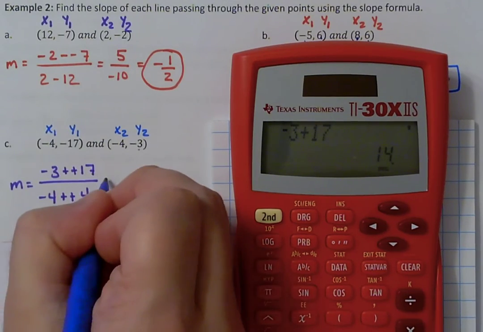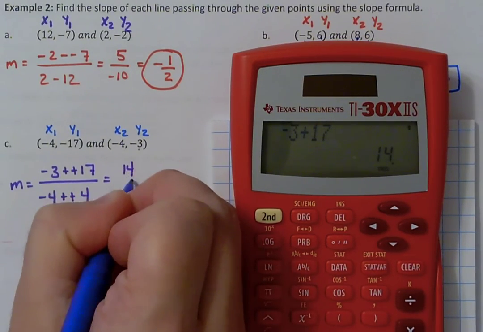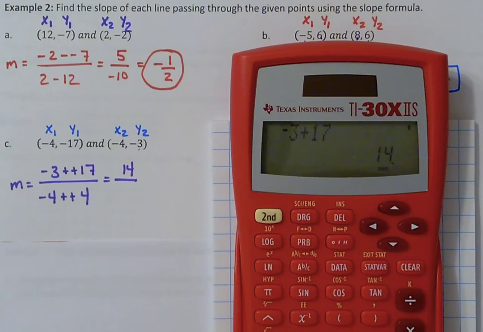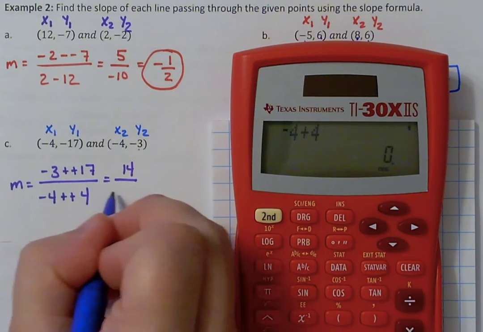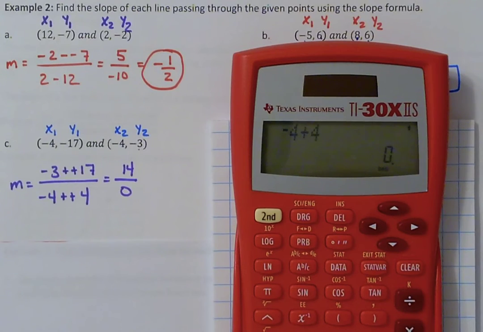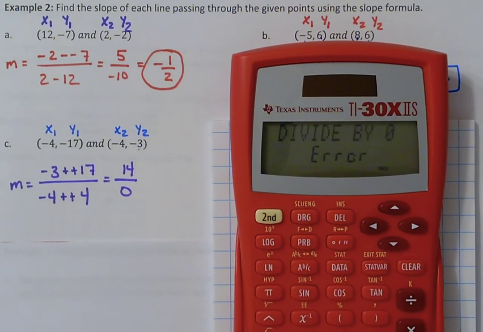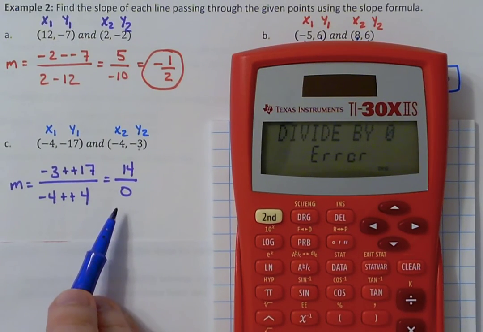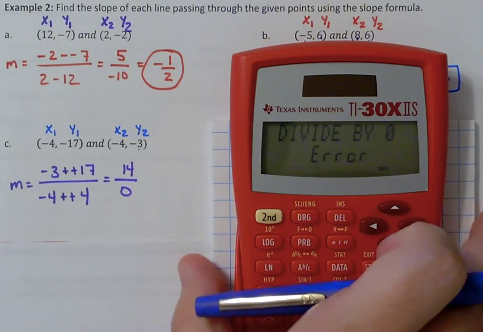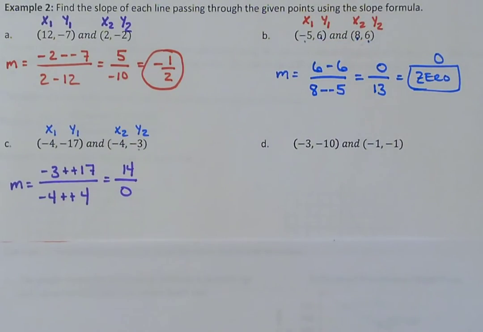We end up with 14. And then if we do negative 4 plus 4, we get 0. So we have 14 over 0. And if we do 14 over 0 on our calculator, we get our error message, because remember, anytime 0 is on the bottom part of our fraction, that means that it's an error.